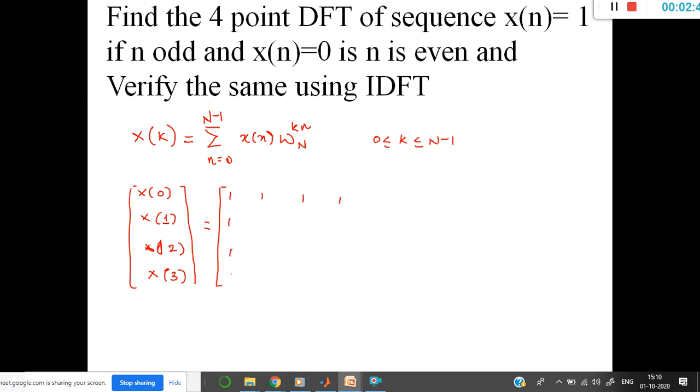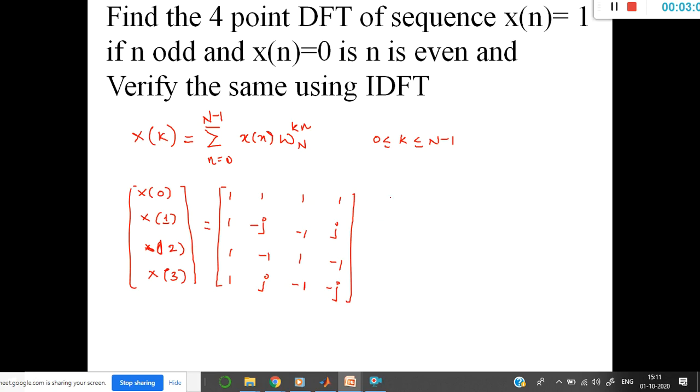So 1 1 1 1, and I told you about the shortcut method that I always use to write this. I hope you all remember this particular method. And again here this will be minus j, and here it will be plus j, and again plus j and minus j, and the input sequence.